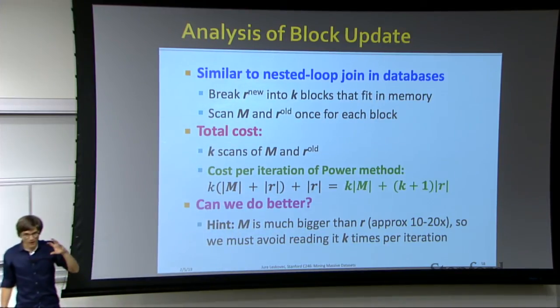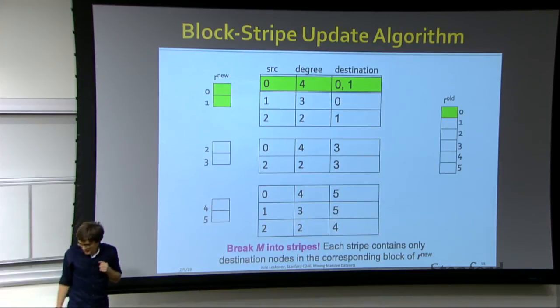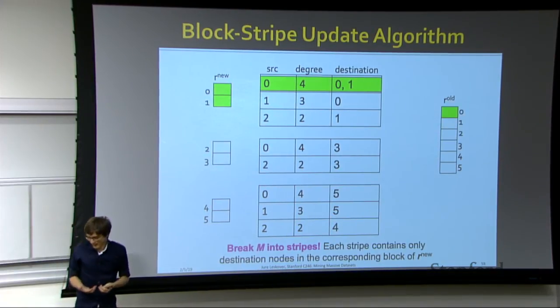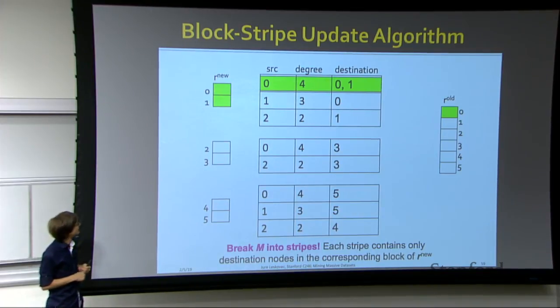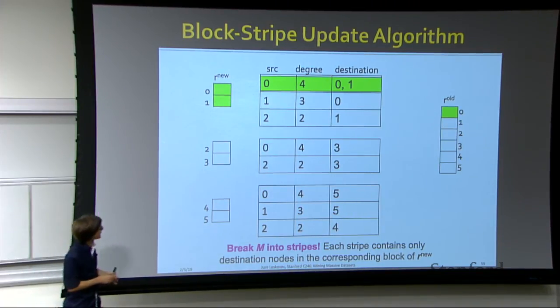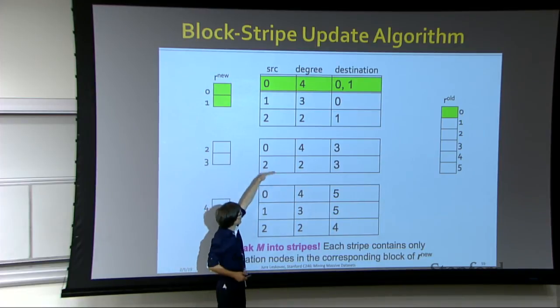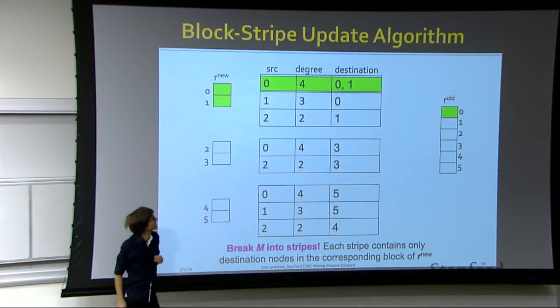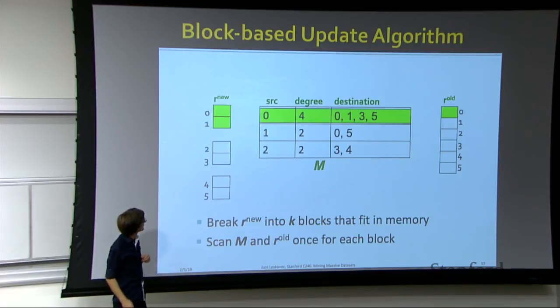So here's now how I could lay out data to be even smarter. This is now called the block-stripe update. The way this works is that I took my adjacency matrix, but I also partitioned the adjacency matrix, right? So let me go back and explain.